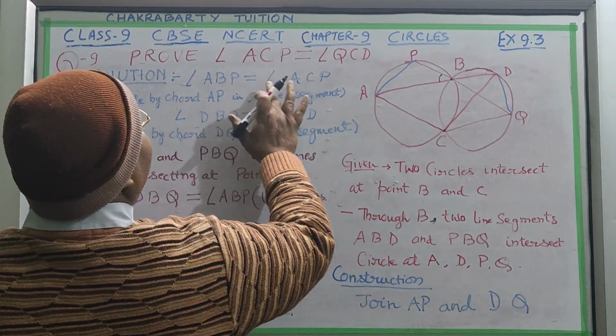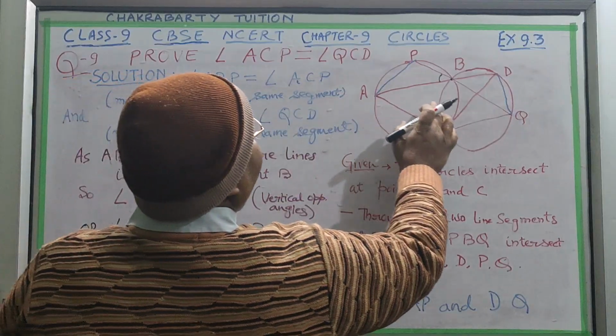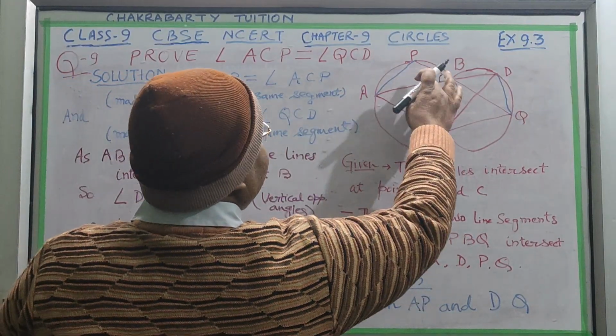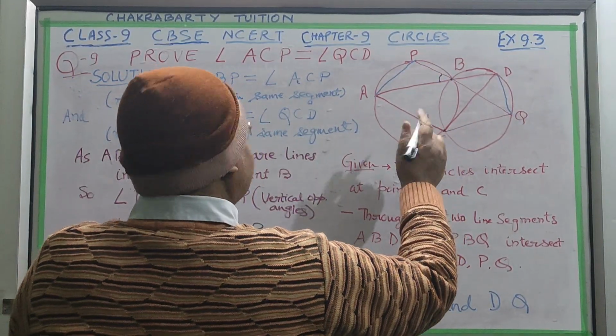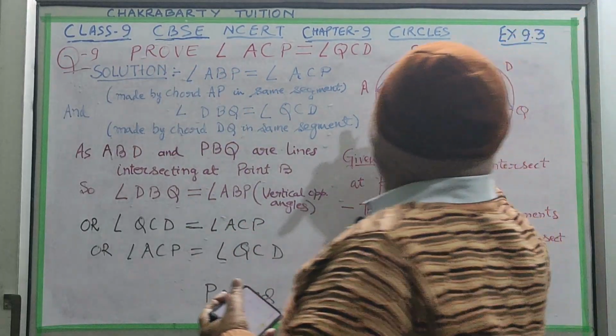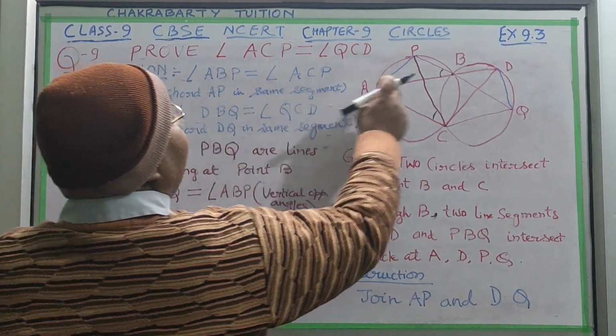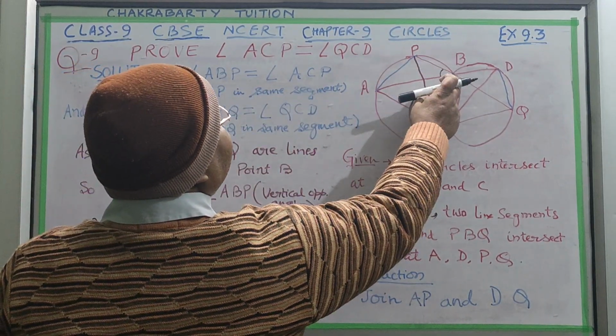So what happened? ABP, and this is also making. So it is a chord. AP is a chord. AP chord is making one angle at the circle.